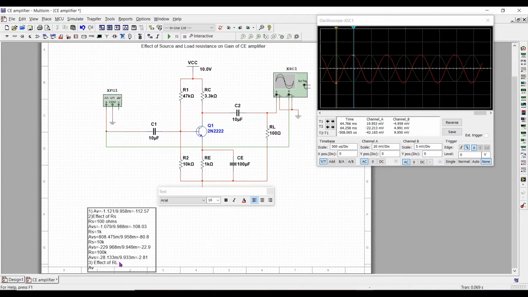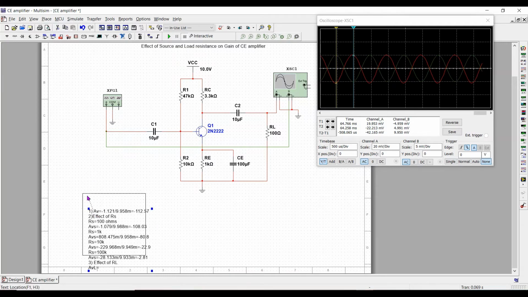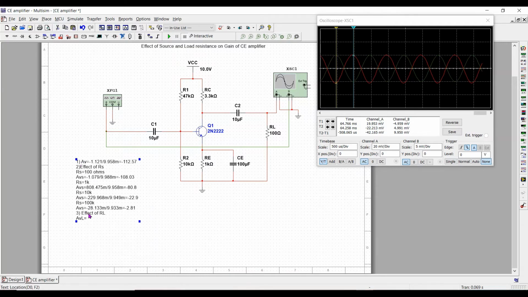AVL. AVL indicates that this is the load resistance we are talking about. So output over here is 42.165 milli. Input is 9.950 milli.